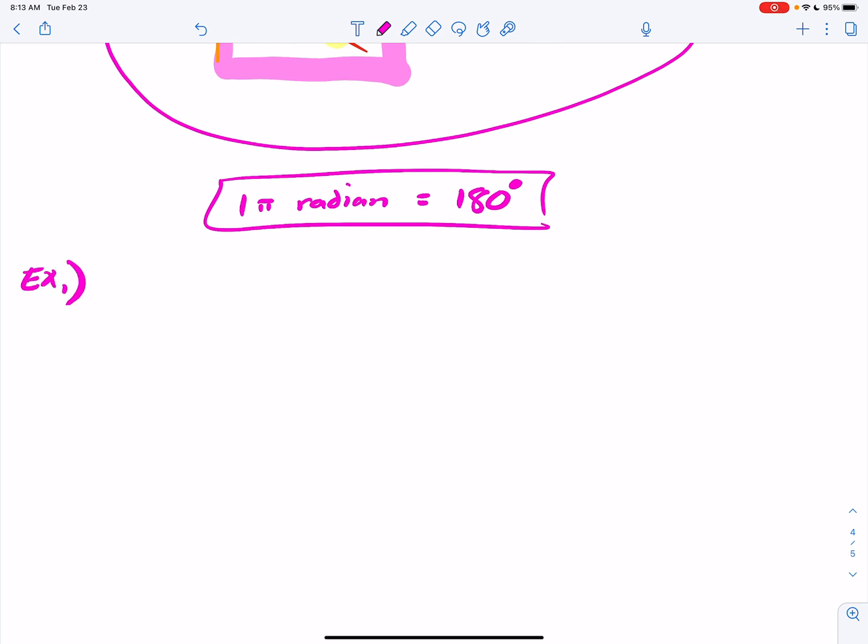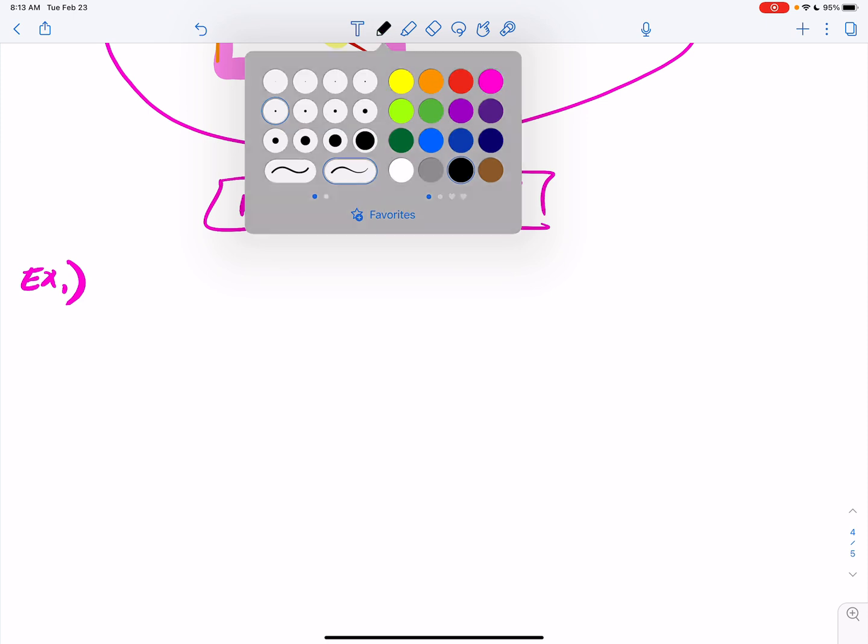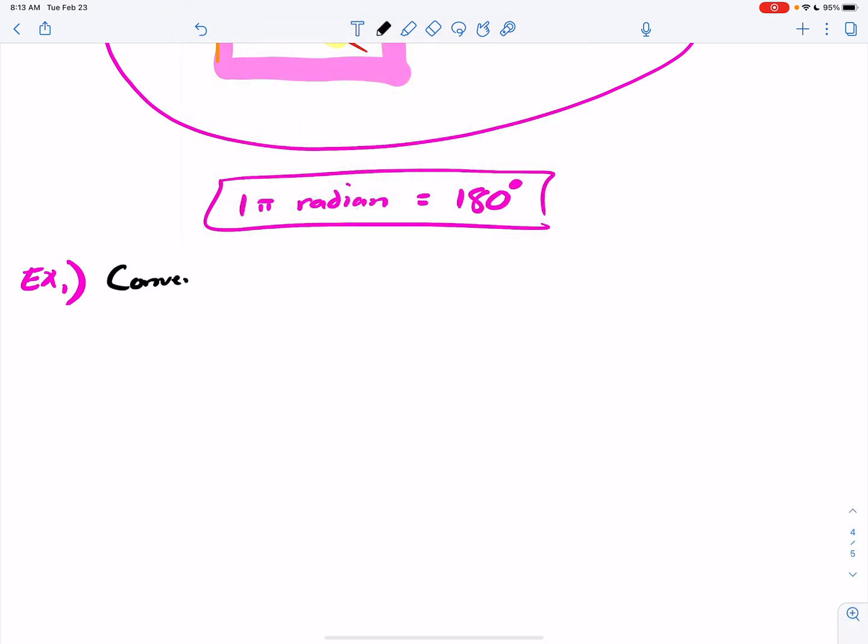We'll write the directions out in its entirety here. Convert your angle to radians, in simplest form.